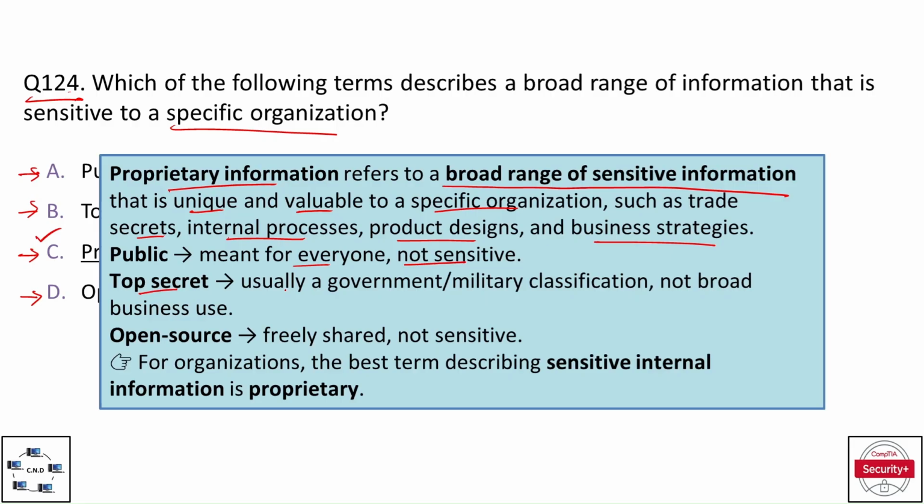Top secret information is usually dealt with by government or military classification, and is not broad business use information, while open source is freely shared and not sensitive. So for an organization, the best term describing sensitive internal information is proprietary.